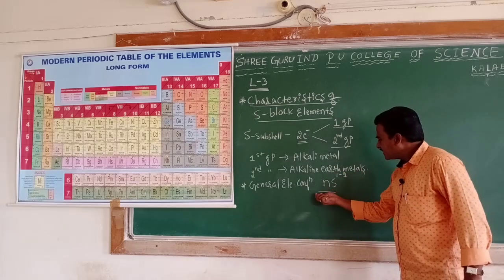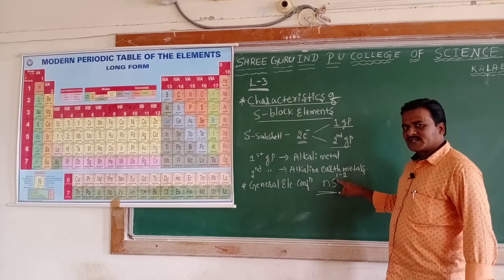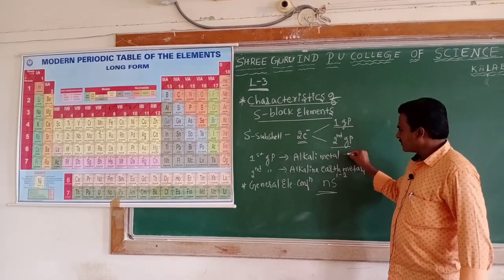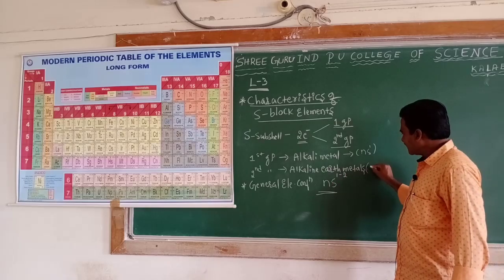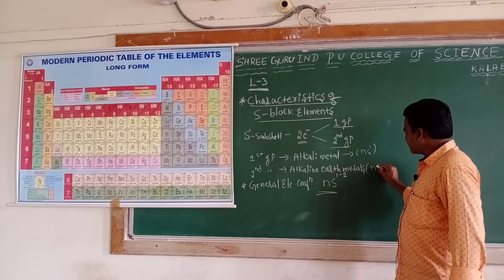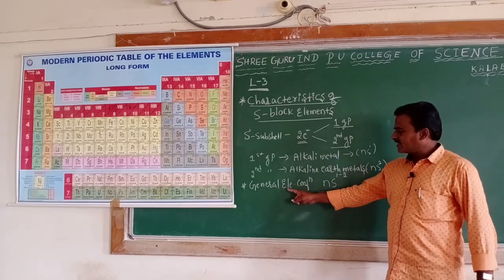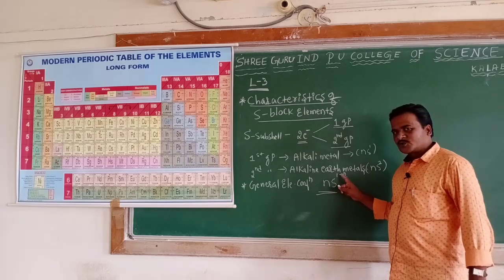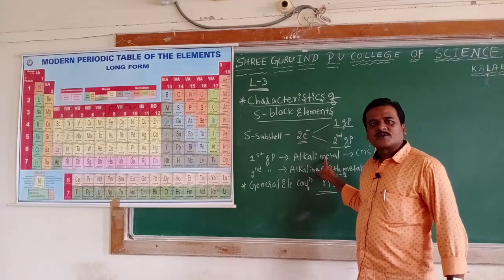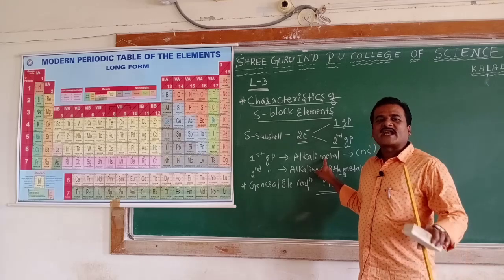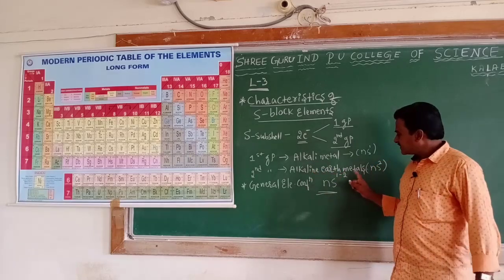If the electronic configuration is ns1, it is nothing but alkali metals; they possess ns1 electronic configuration. ns2 represents the second group elements called alkaline earth metals. ns1 represents group 1 elements, commonly called alkali metals: lithium, sodium, potassium, rubidium, cesium and francium, and francium is a radioactive element.